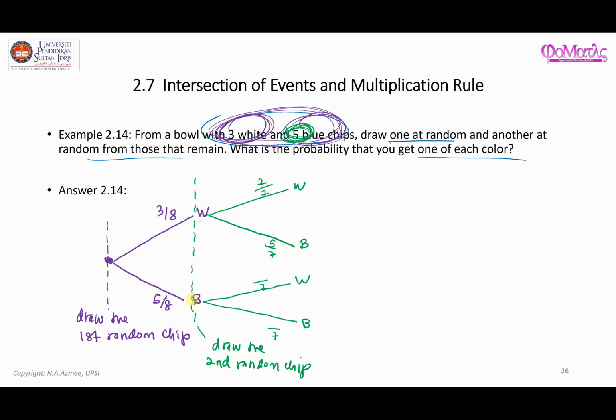Now if you have taken the blue chip, that means the white chip is still at this number, so the probability of getting white is going to be 3 over 7. And again, since you have taken the blue chip already, the number of blue chips is going to be reduced to 4. So here is 4 over 7. So those are the processes that you can come up with when you consider a tree diagram to illustrate this example given here.